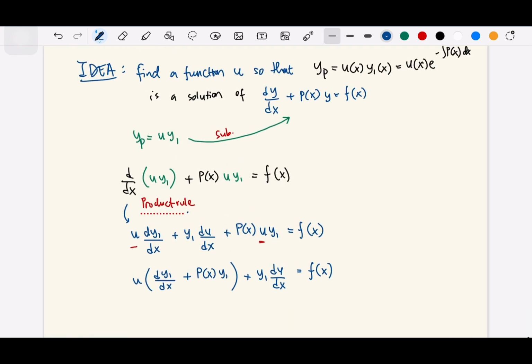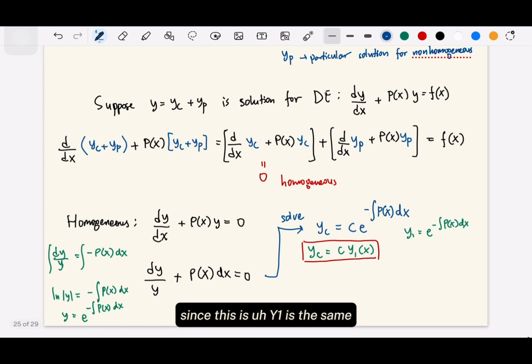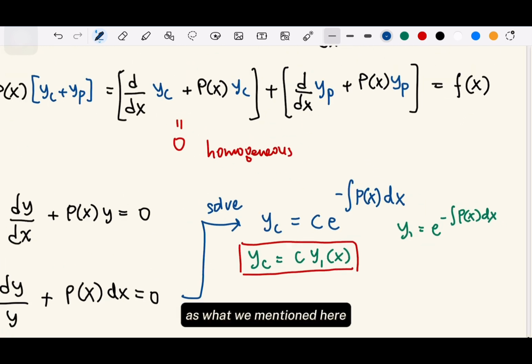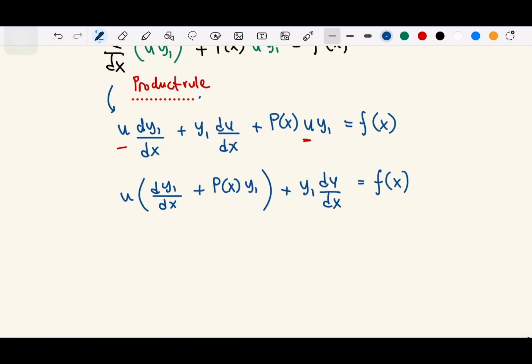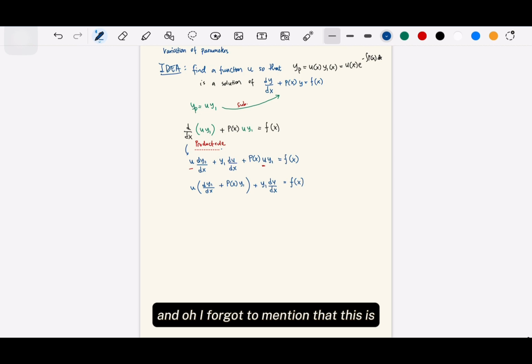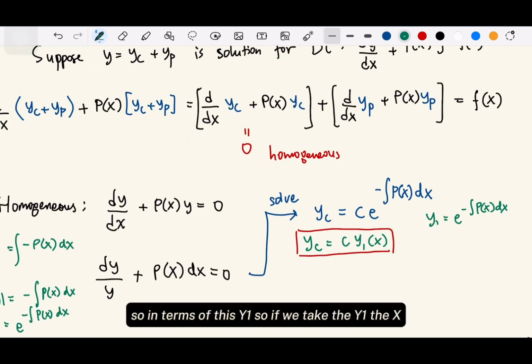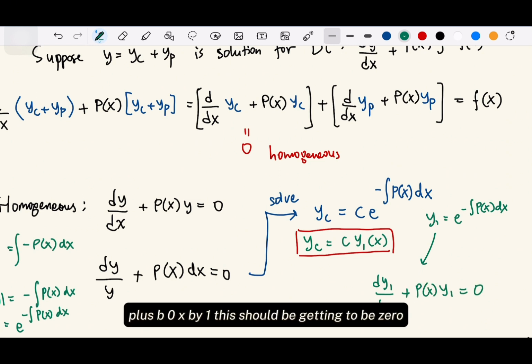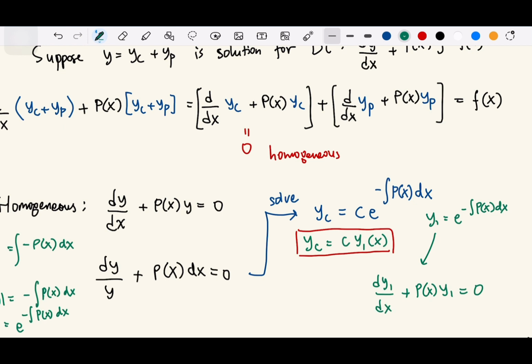Okay, so since this y1 is the same as what we mentioned here, and oh, I forgot to mention, in terms of this y1, if we take y1 dx plus p of x y1, this should be 0.